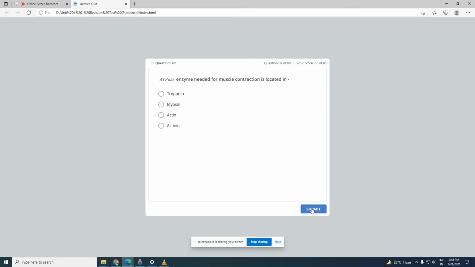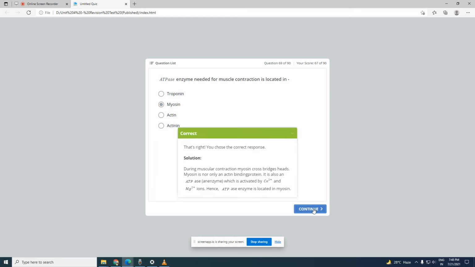Next question. ATPase enzyme needed for muscle contraction is located in troponin, myosin, actin, actinin. So the right answer is myosin.